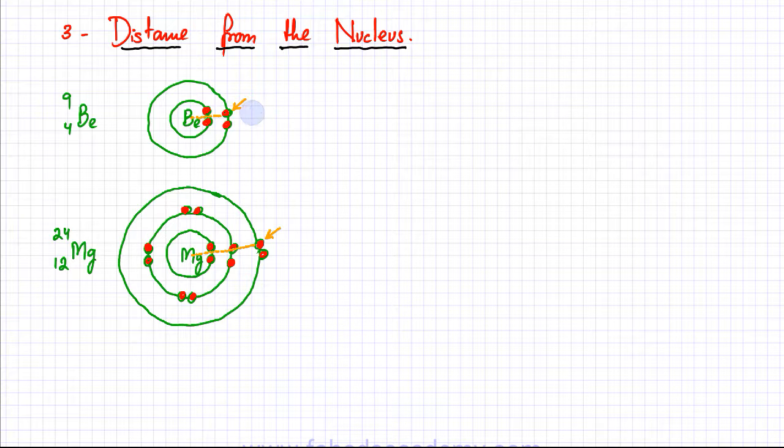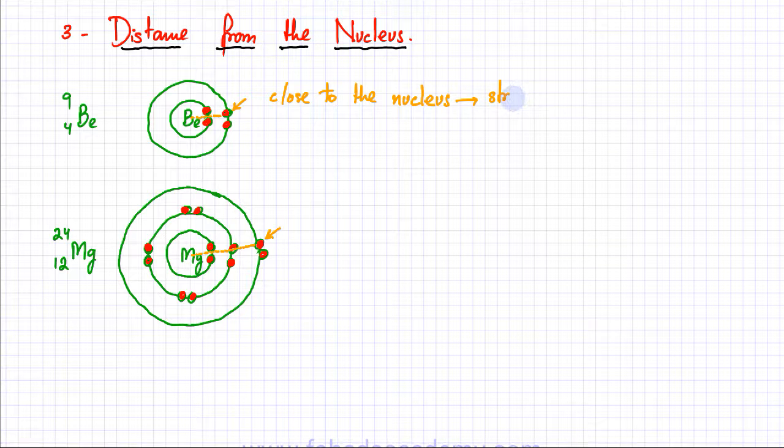Now this electron is very close. I'm comparing these two atoms, so it's comparatively close to the nucleus. And if it's close to the nucleus, that would mean that the force of attraction is stronger. So it's going to be strongly attracted to the nucleus. The further away it is from the nucleus, the weaker the force of attraction is going to be.